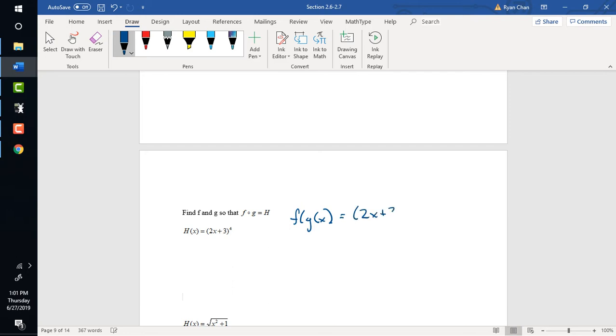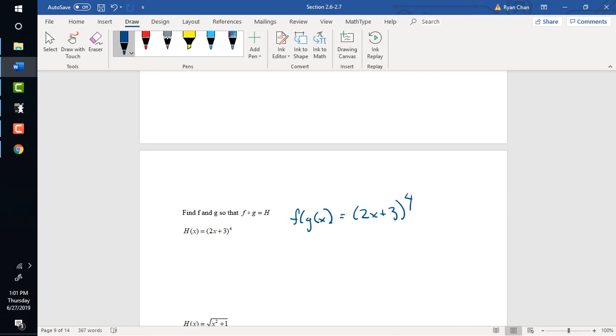2x plus 3 to the fourth. Now the trick is, generally your f of x is going to be the outside, and your g of x is going to be the inside, or whichever is closer to x is going to be the inside part of your function, and the outside part is going to be your f of x. So what do I mean by that?